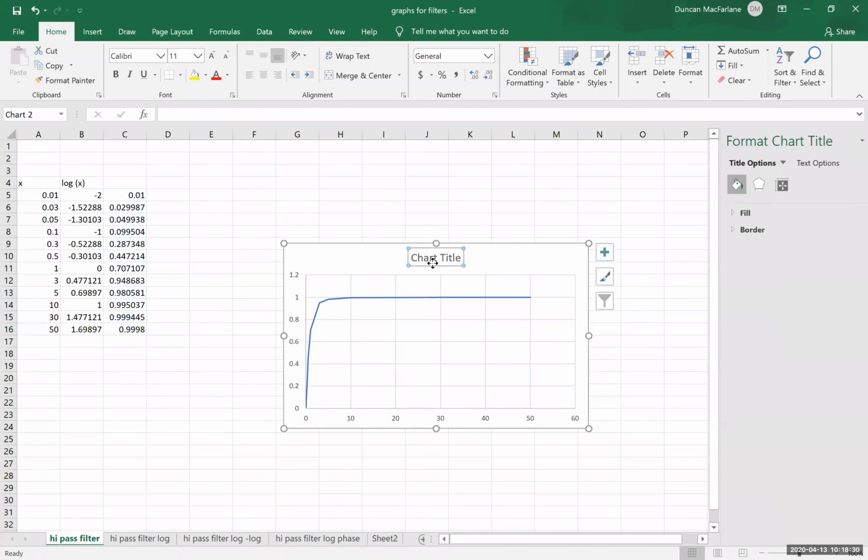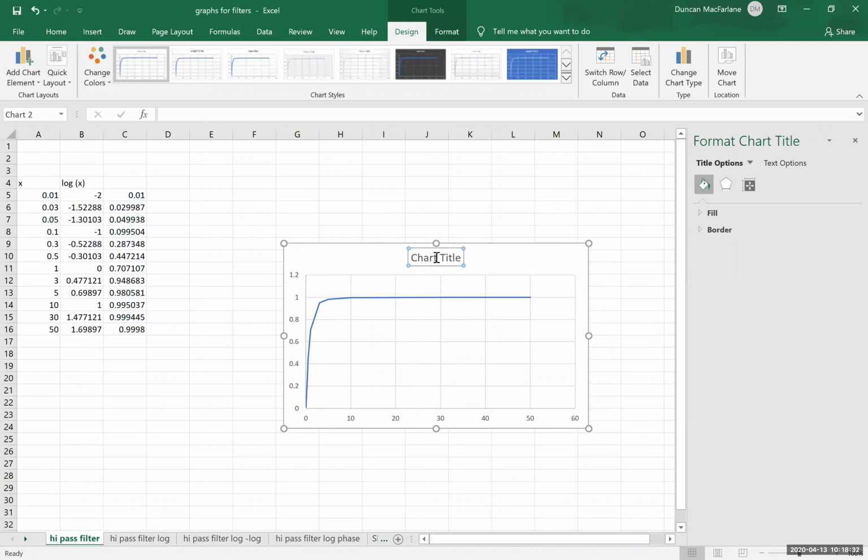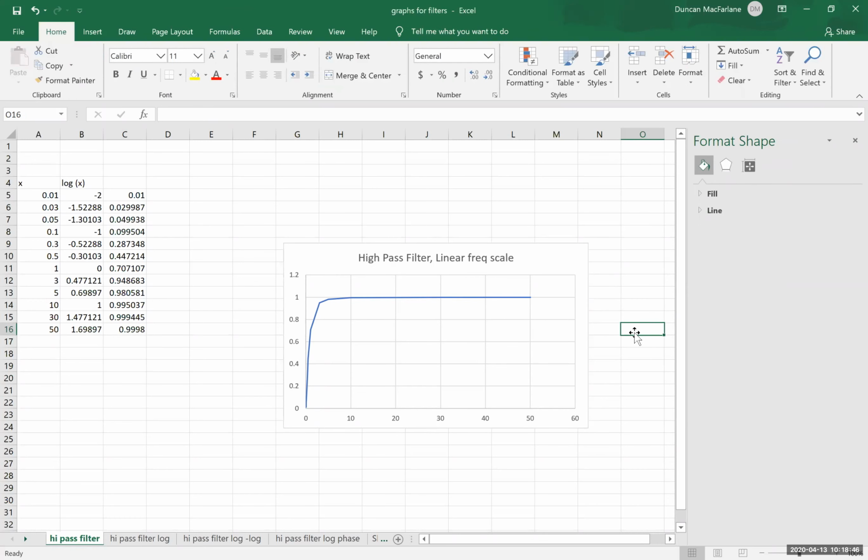And this is a high pass filter, and this is a linear frequency scale. Okay. And really all it tells us is that it creeps up to 1, and we lose all information about these low frequencies. It's just a blur in there.